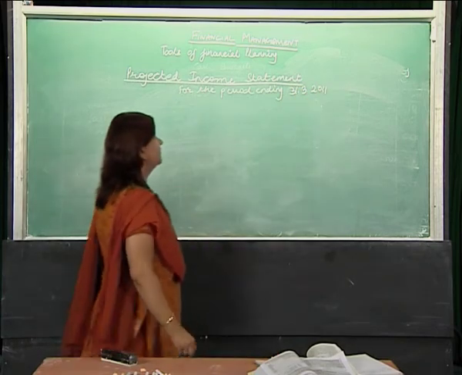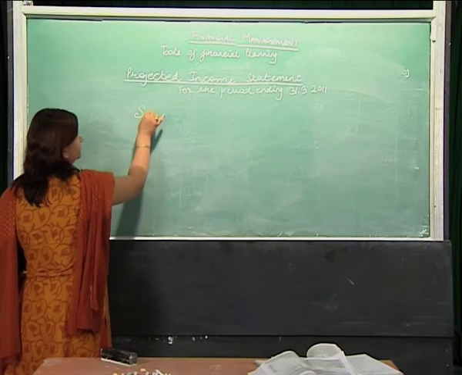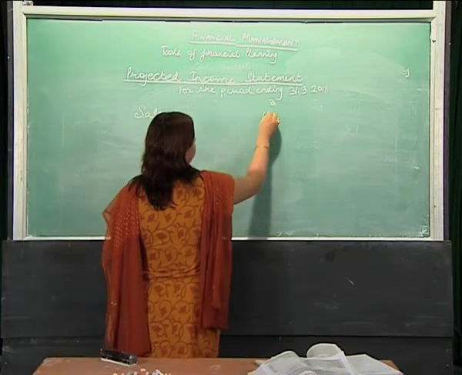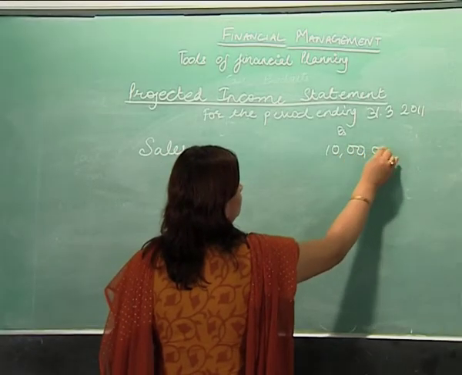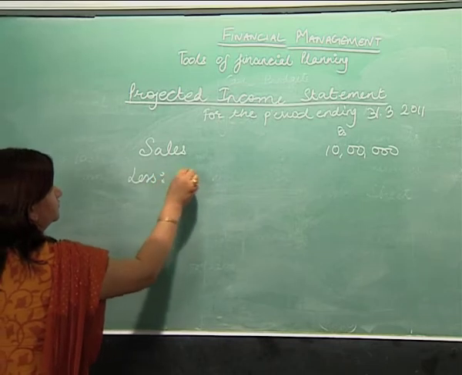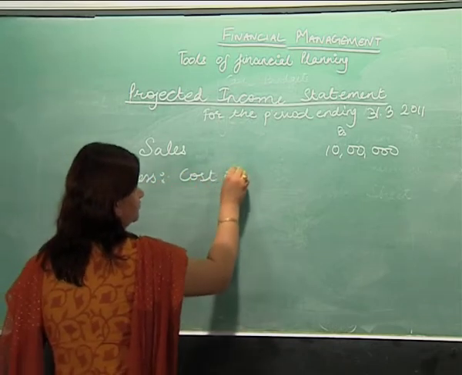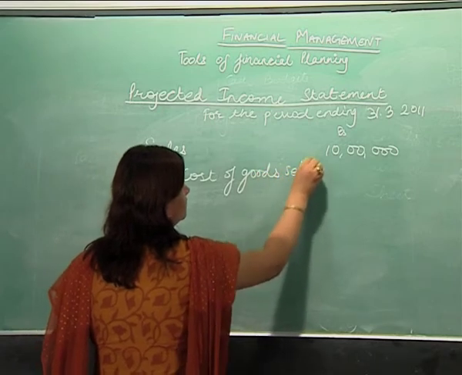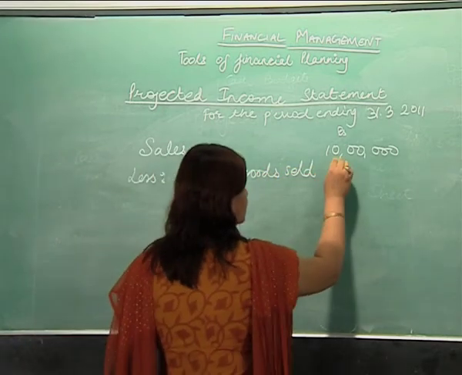2011. So, first of all we will take sales. Let the sales be rupees 10 lakh, less cost of goods sold. Let it be 7 lakhs.